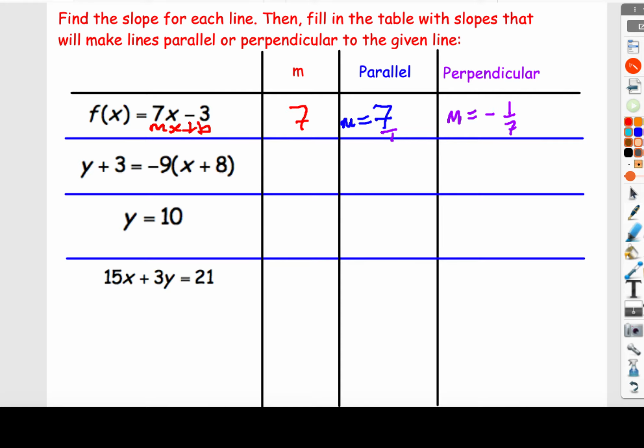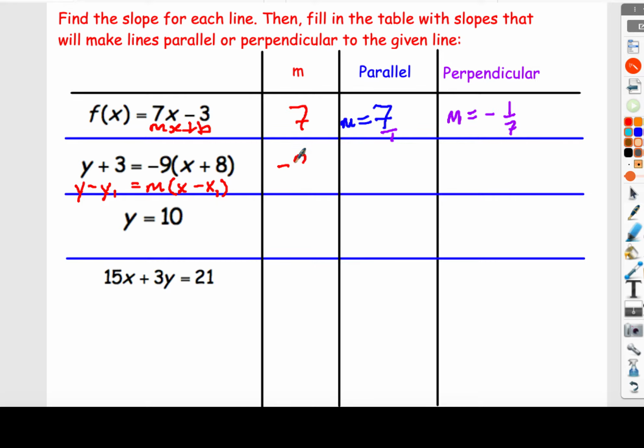Now the next line, you'll notice, is in point-slope form. So again, that's y minus y1 equals the slope times x minus x1. I'm not that worried about the x1, y1, the fact that it goes through the point (-8, -3).